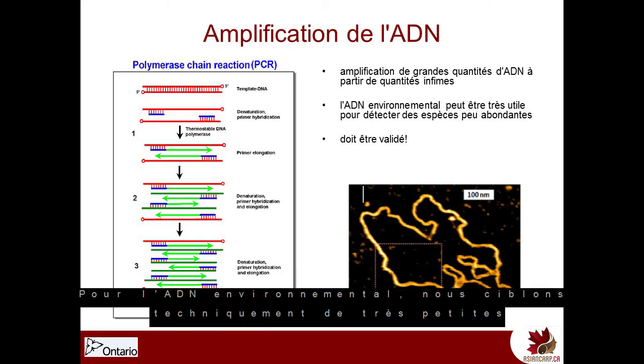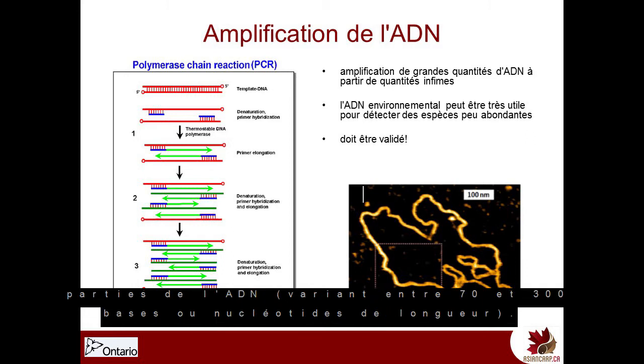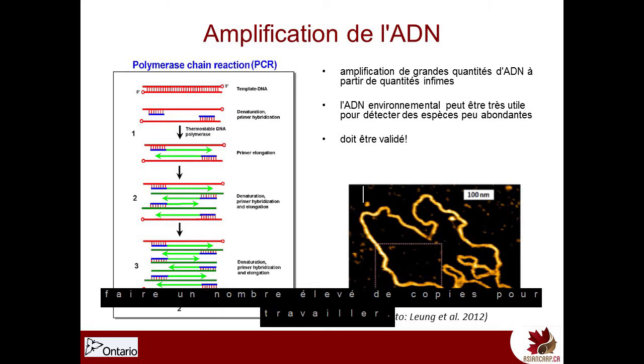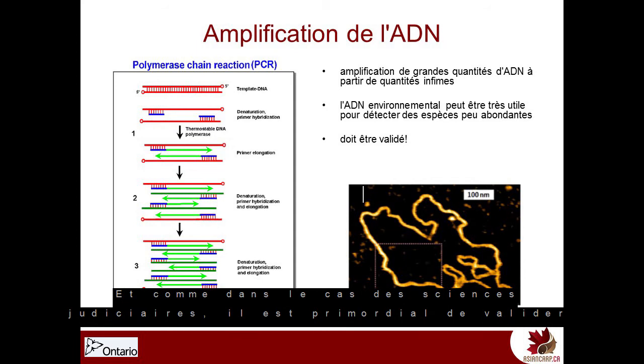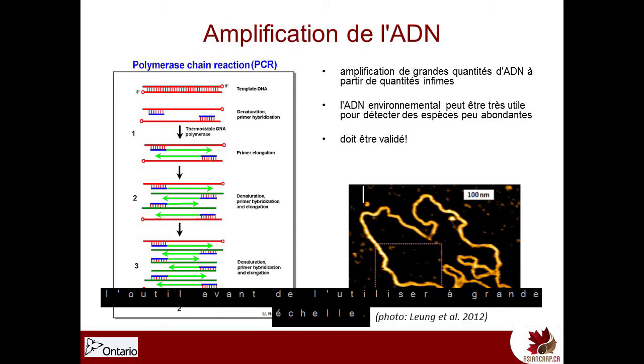For environmental DNA, we're typically targeting very short sections of DNA from 70 to about 300 bases or nucleotides in length. So this method allows us to identify small numbers of a target DNA and make large working copies. It's a very sensitive technique. Forensic science also relies on this. And like forensic science, it's very important to validate your tool before running out and applying it.